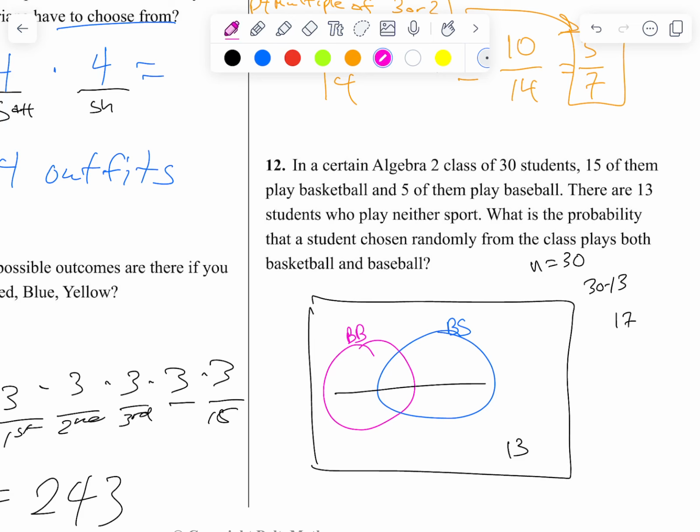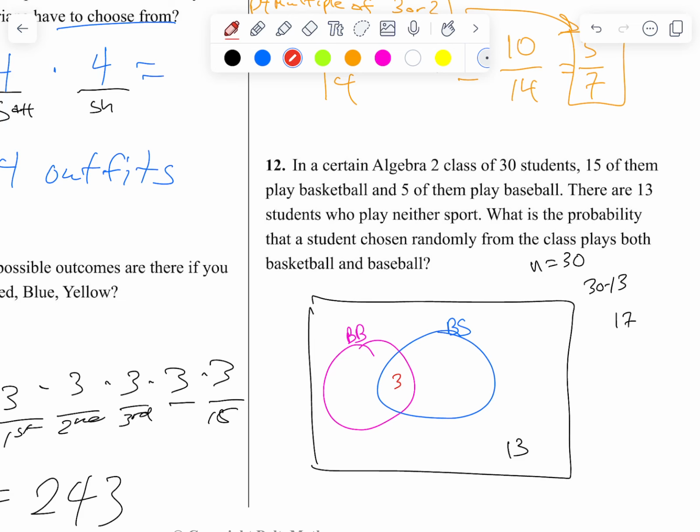So I could kind of play around here. I could do some guess and check if I wanted. So what I'm going to do is say, what if there was like 3 who did both?